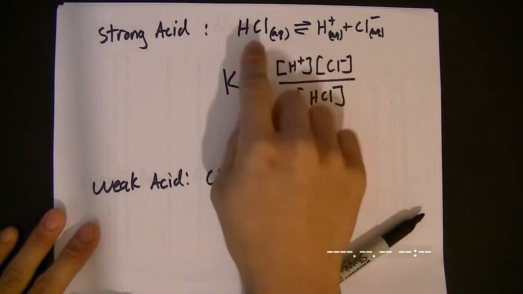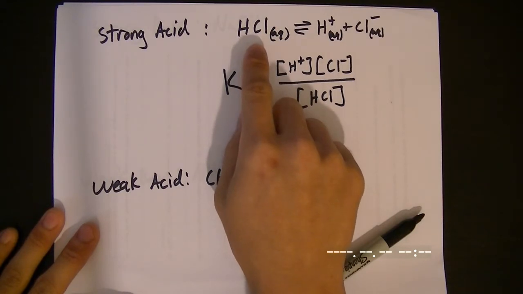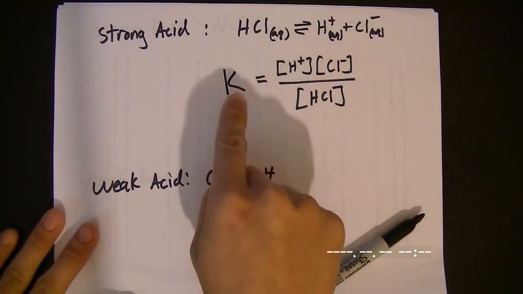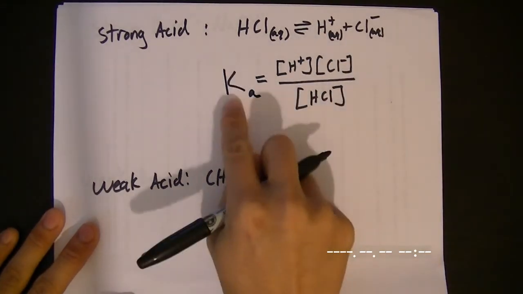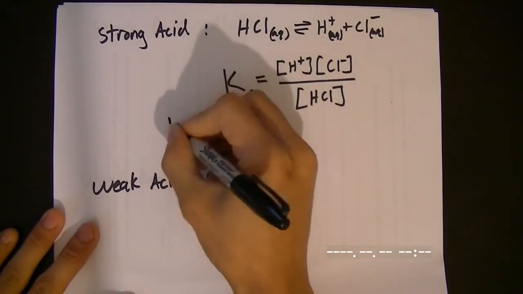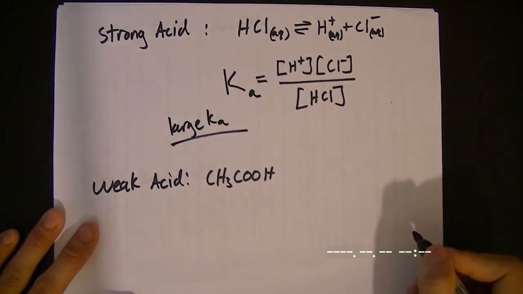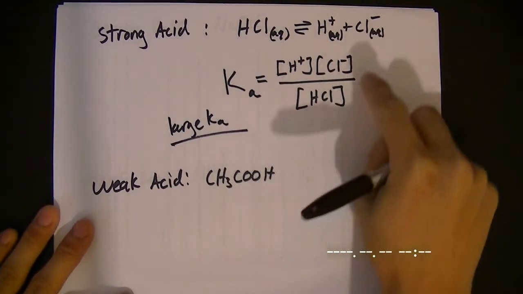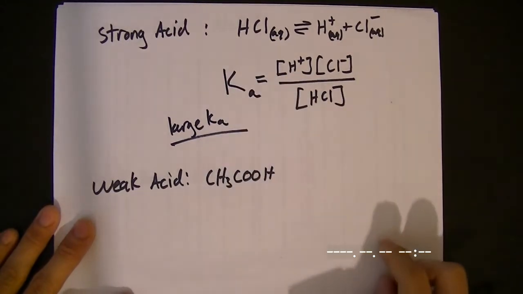In this case, HCl is a strong acid, meaning that we expect it to dissociate quite readily, really fast. And this K, or what we like to call Ka for acid, would be quite large. The top here will be much larger than the bottom at equilibrium.